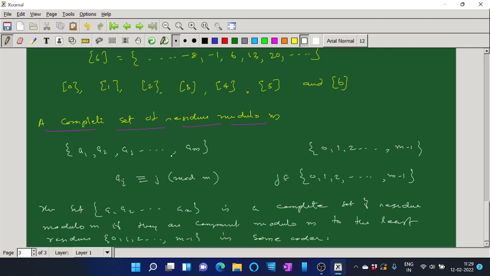So there are m integers and this is a complete set of residues modulo m if they are congruent modulo m to the least residues 0, 1, 2, etc., m minus 1 in some order.